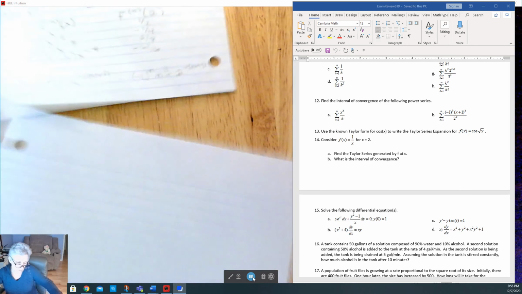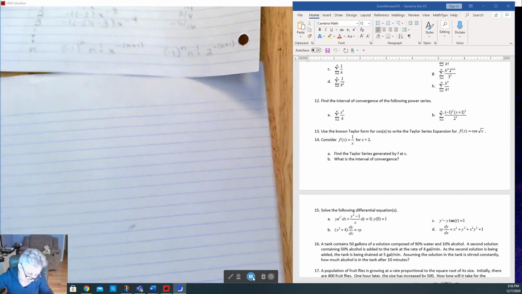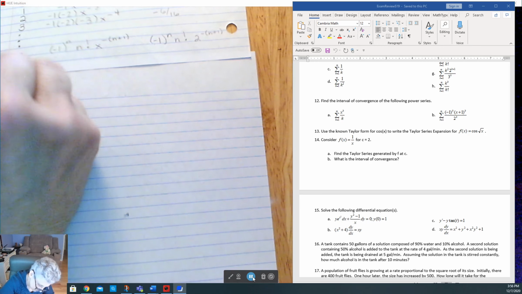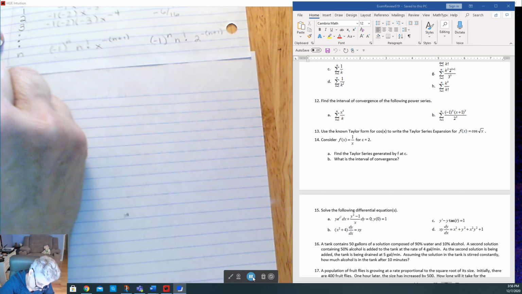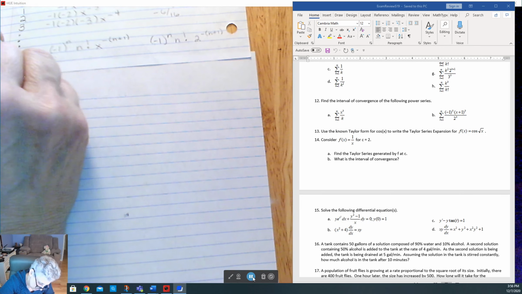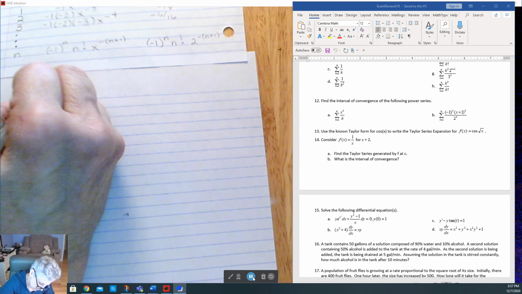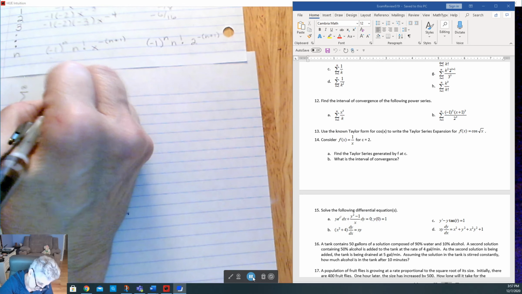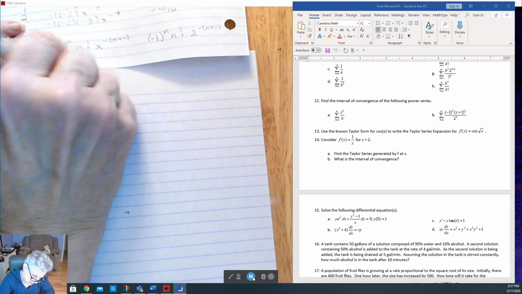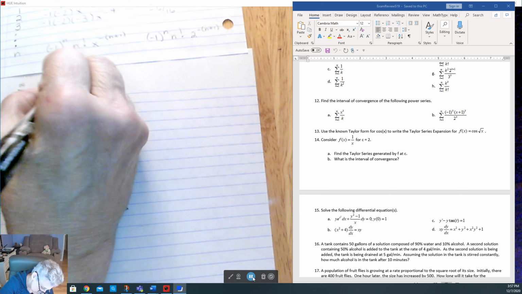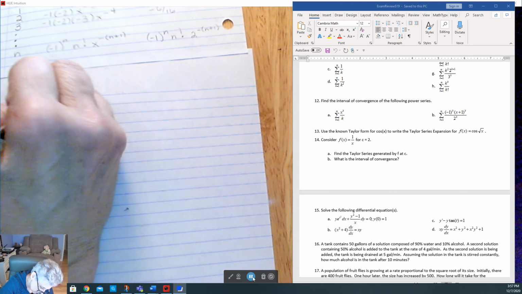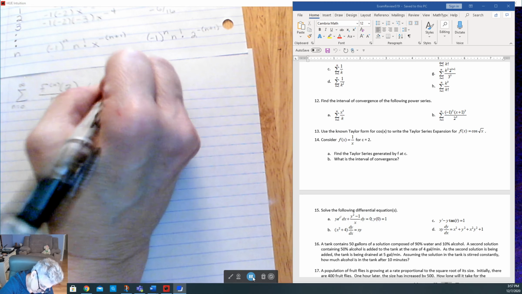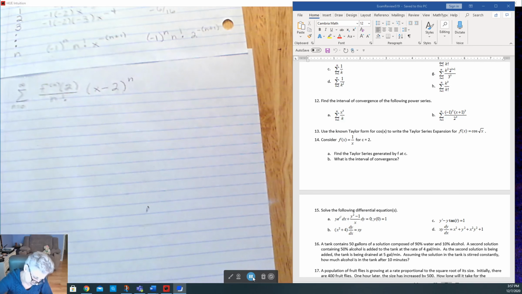And then I have to remember the form for the Taylor coefficients. Sum n equals 0 to infinity, you have the nth derivative evaluated at your center, so in this case 2, over n factorial times x minus 2 to the n power.